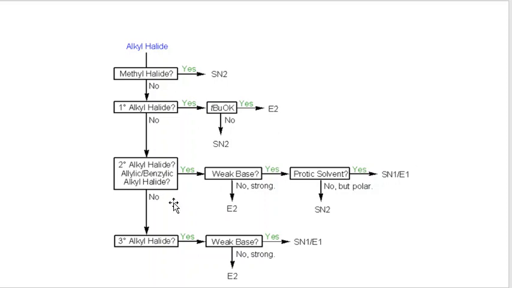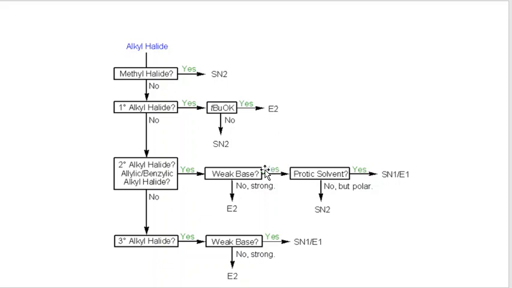Okay, so kind of the most complicated one in here is the secondary alkyl halide situation. And here, one of the things that could happen is you could have a weak base. And if you have a weak base, then you get into the substitution. And so the weak base isn't really doing anything.